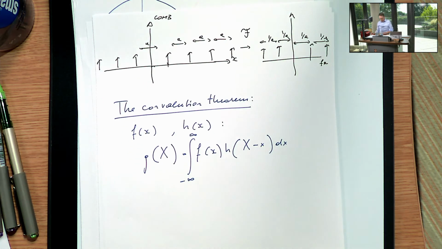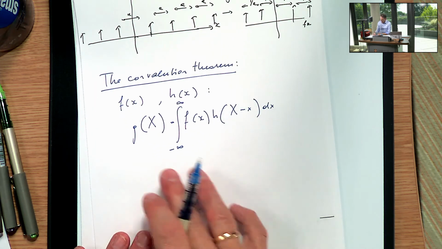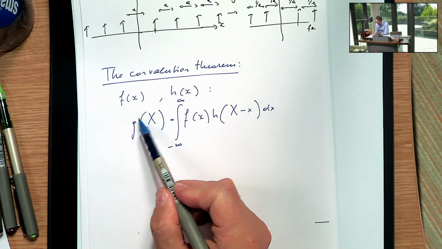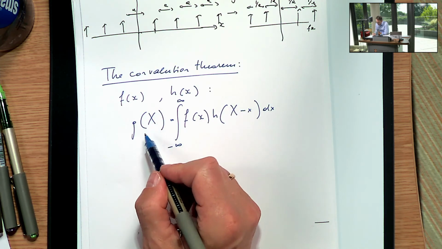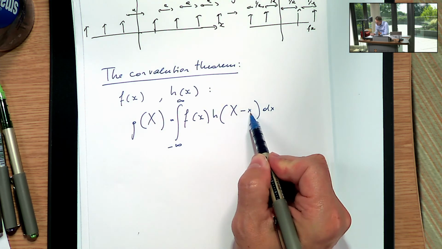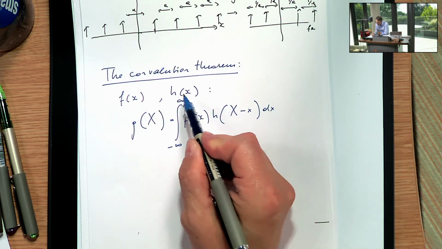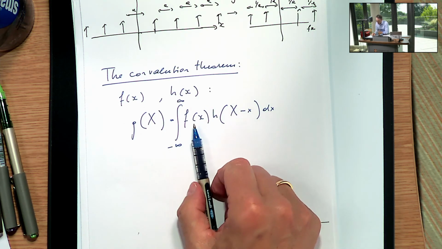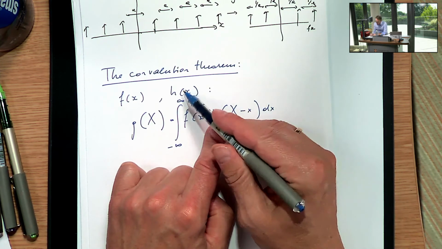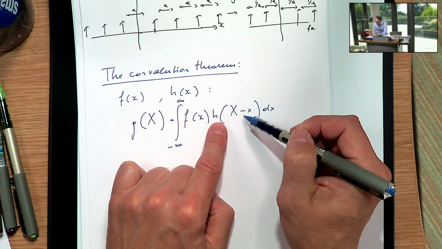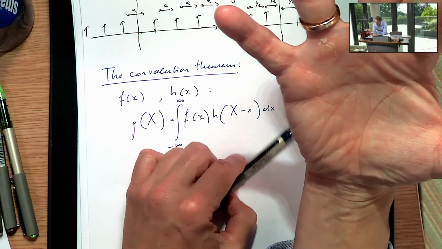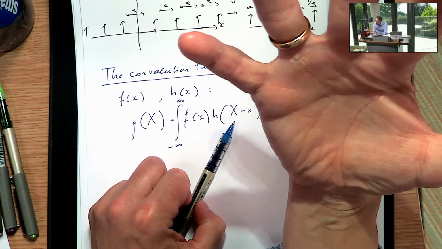So this looks like a horrible function, but essentially what you do is you take your original function f of x and you multiply it by the other function h, but now with x taken negative, h of minus x, so you flip the function and you shift it by an amount of x.